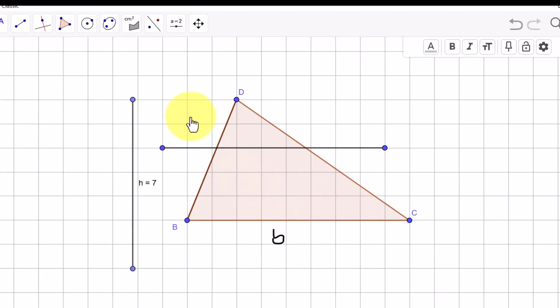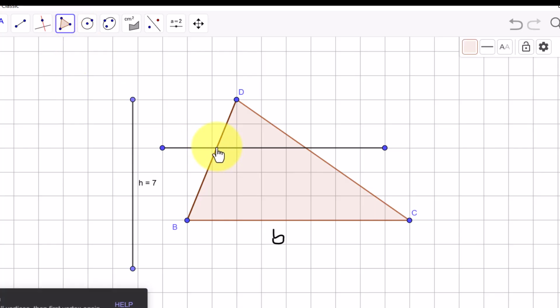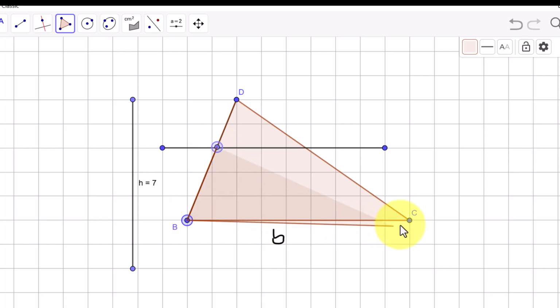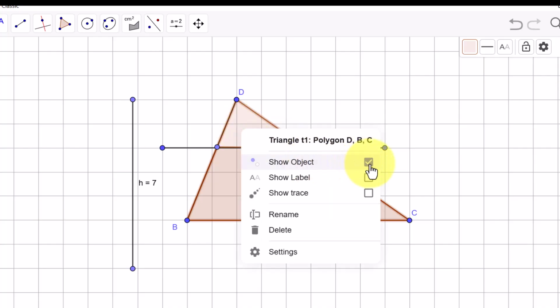So if I make a sketch of a polygon from this point to this point, to this point, to this point, you can see that if I take this triangle out, watch what will be formed.